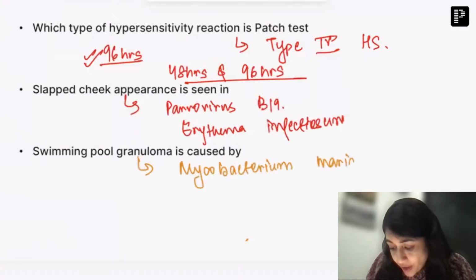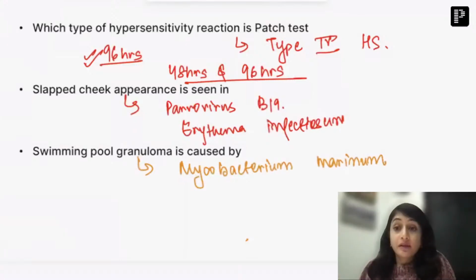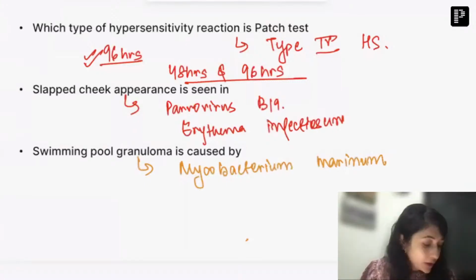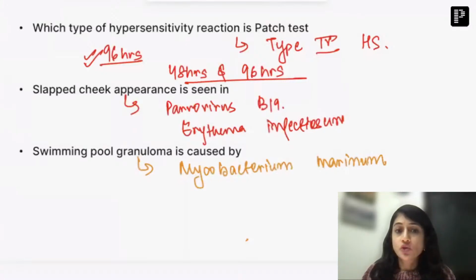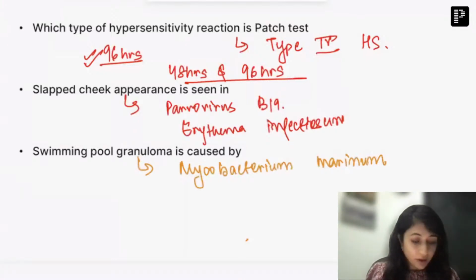It is a type of atypical mycobacterial infection which is usually seen in wetlands and it is called as swimming pool granuloma. Great. So this is what you need to know about swimming pool granuloma, that it is caused by atypical mycobacterial infection called as Mycobacterium marinum. Great.